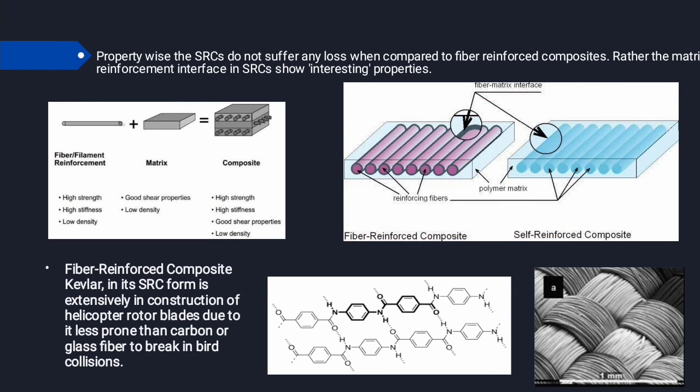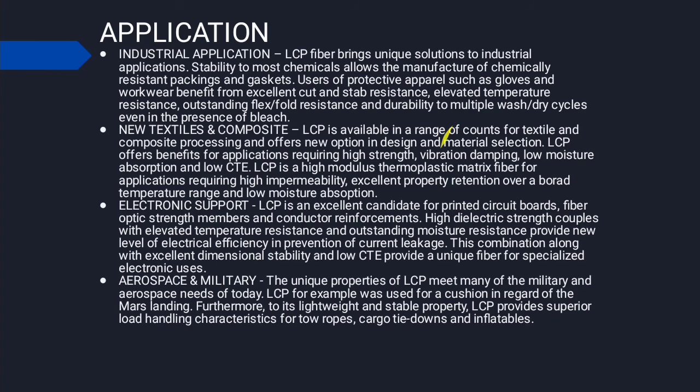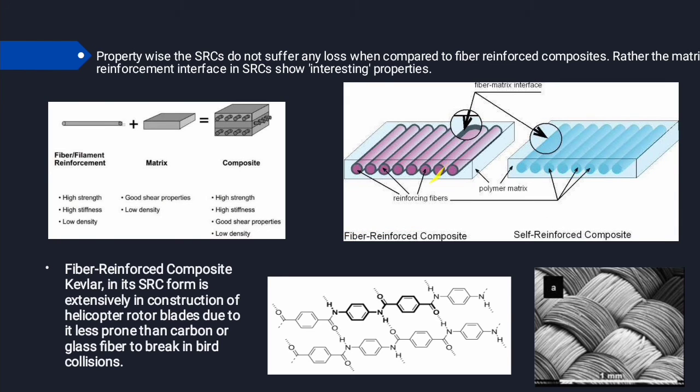So fiber reinforced composite and self-reinforced composite are different techniques. In a fiber reinforced composite, reinforcing fiber arrays are shown in the figure, with a fiber matrix of a different type, but in a self-reinforced composite a polymer matrix is used. The polymer matrix is an LCP matrix.